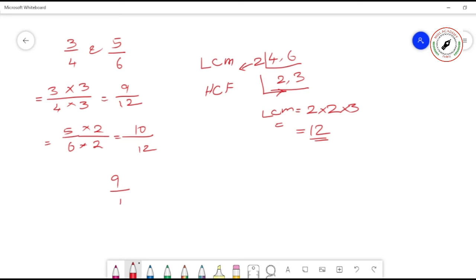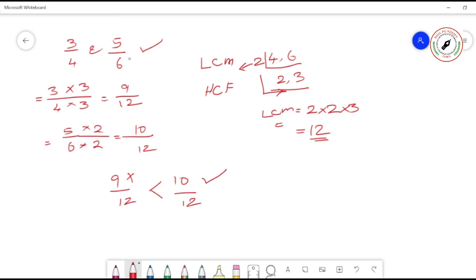So now it is easy. 9 by 12, 10 by 12. Which one is bigger? 10 by 12 is bigger. This is bigger, this is smaller. Now which one is bigger? 5 by 6 is bigger. This is the way.